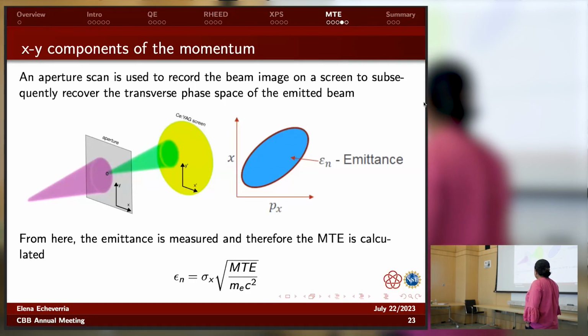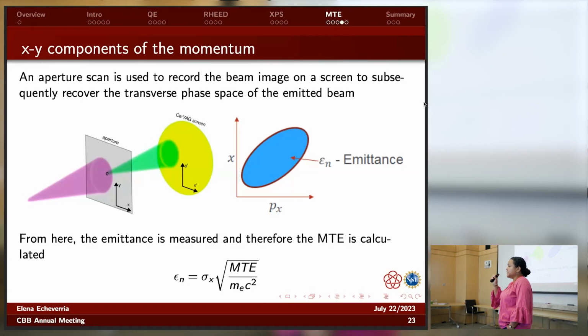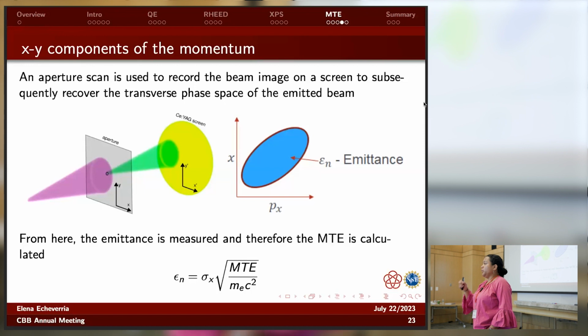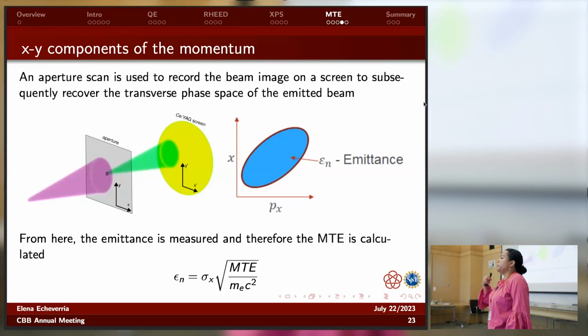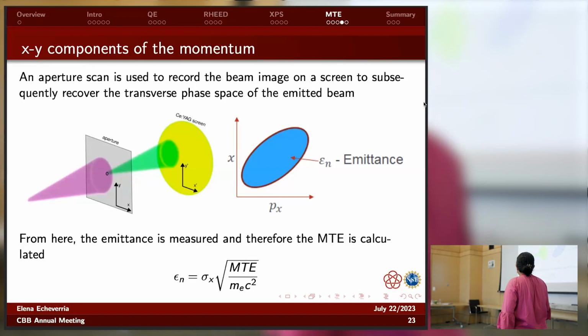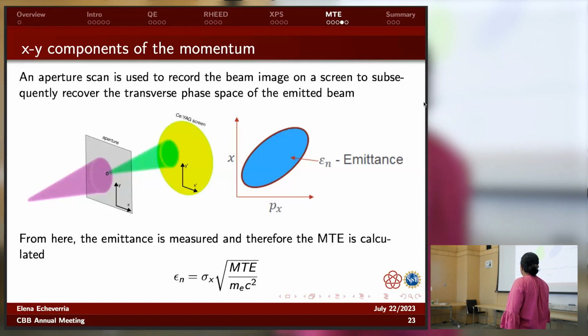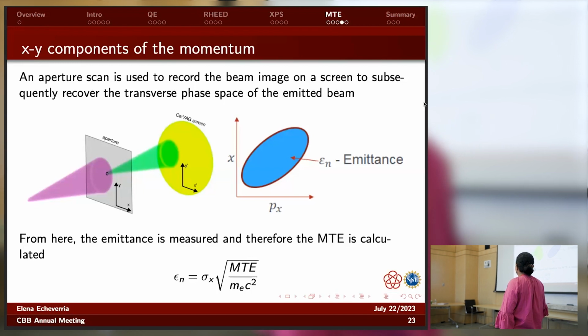Now, this is the size of the laser that we are using to emit this beam. That's why I said before that the MTE will limit the brightness, and also the size of the laser.